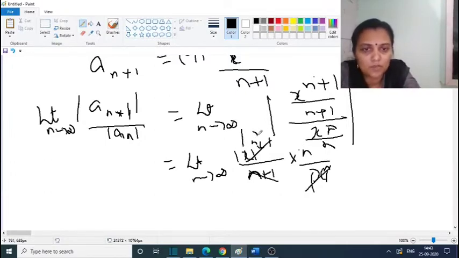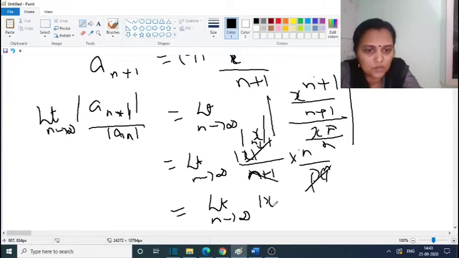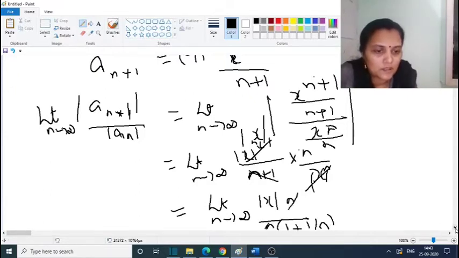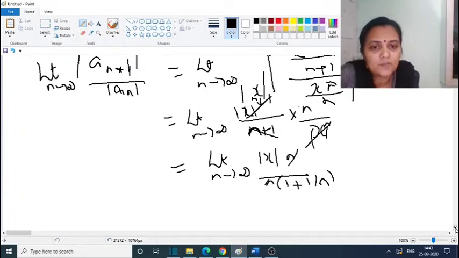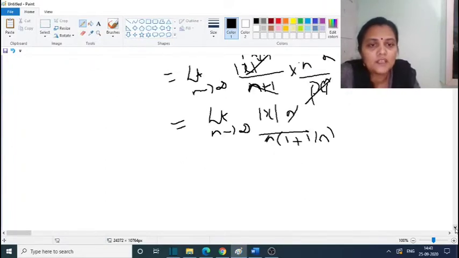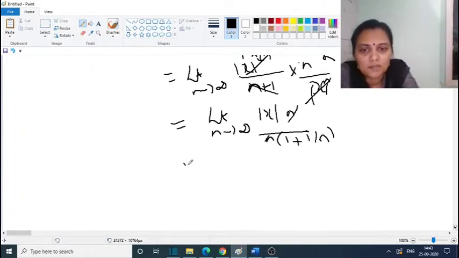So this becomes mod x. When limit n tends to infinity, we could take limit n tends to infinity mod x into n divided by n into 1 plus 1 by n. So we could cancel the n terms, and when we take limit n tends to infinity, this becomes mod x.